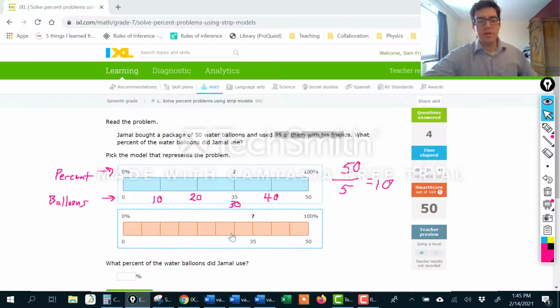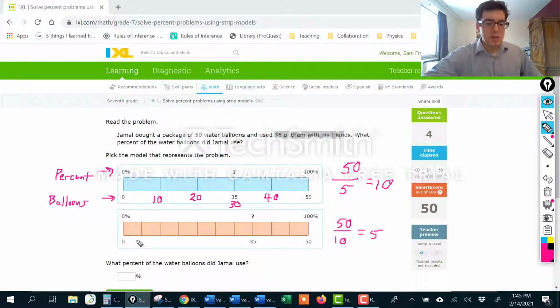Let's just double check that this one is actually correct. This one from 0 to 50 has been split up into 10 boxes. So 50 divided by 10 is 5. So all of these should be going up by 5s here. 0, 5, we're just counting by 5s, right?